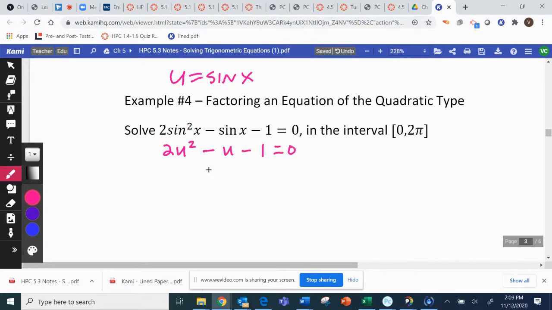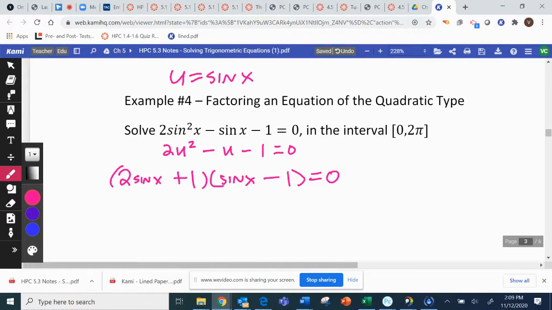And then you could factor that. And wherever we see a u in our answer, we'll change it back to a sine x. I know for sure that it's 1's at the end. I know for sure it's going to start with a 2 or a 1. I just have to figure out the correct signs. It's just factoring.